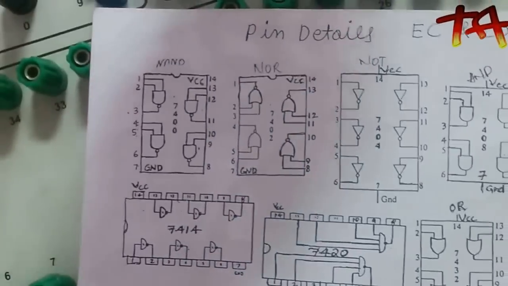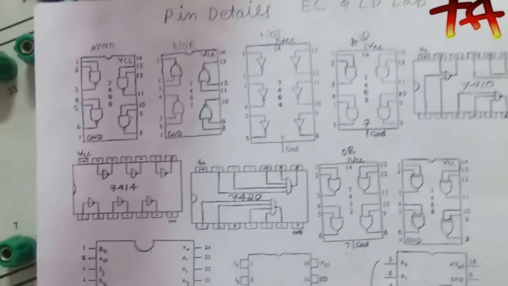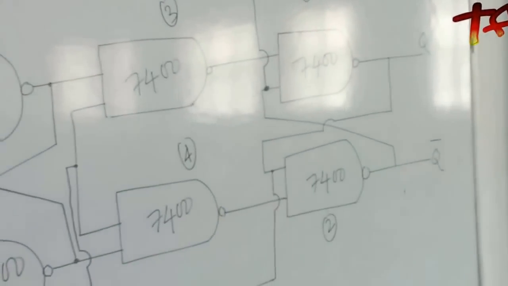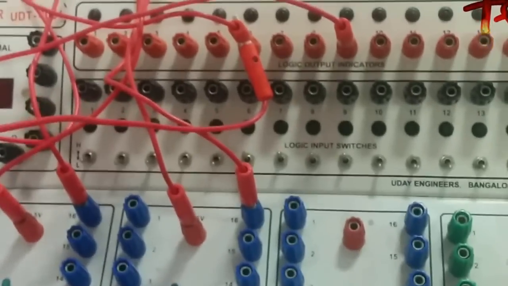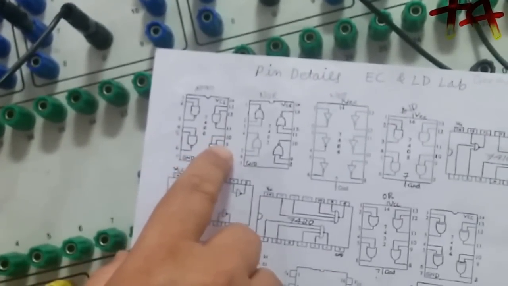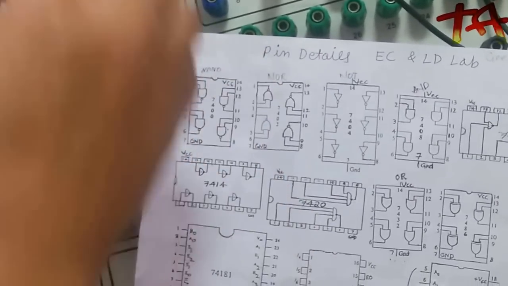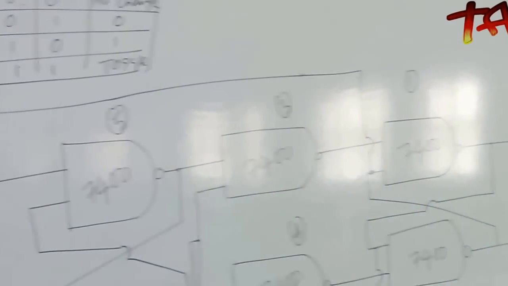Therefore, it is coming from Q. You can see the Q, and it is coming to gate number 2's one of the inputs. Gate number 2's inputs are pin numbers 9 and 10. Therefore, I connected Q to 9. This is over.